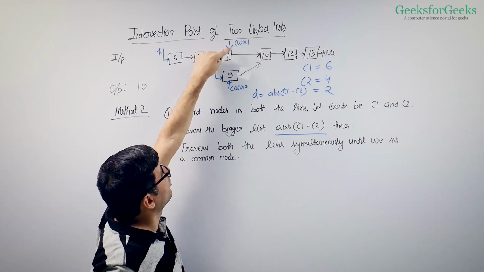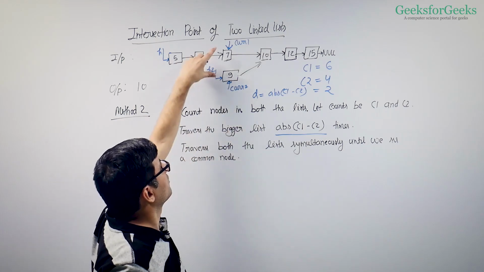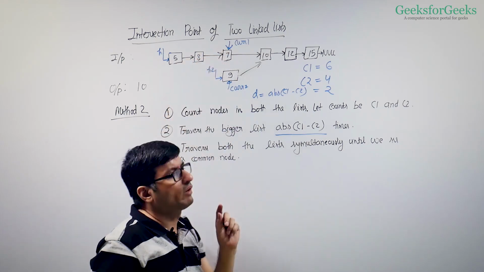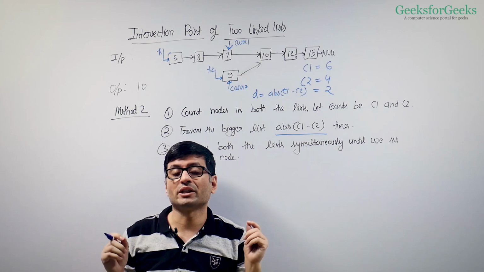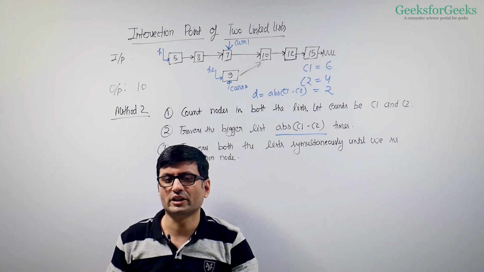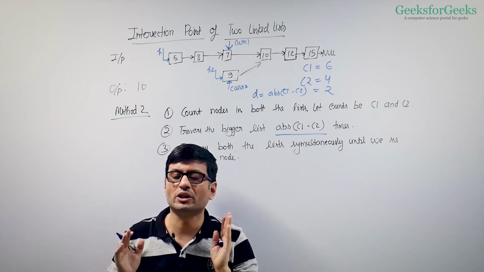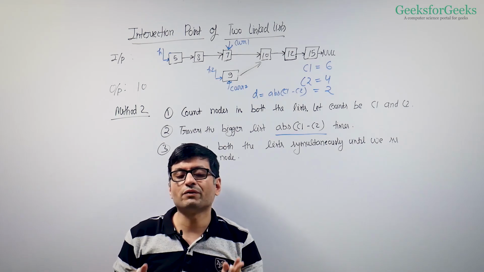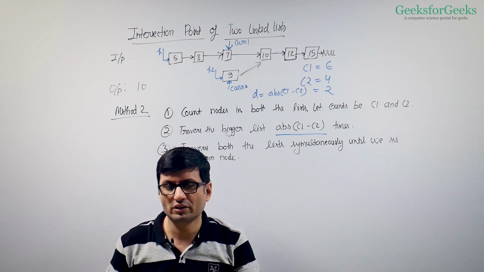Now I move both current 1 and current 2 simultaneously, right, from this node itself. And while moving, I simply check if they become same at certain point. They have the same node pointing to, right? If they're pointing to or referring to the same node, that node is our intersection point.